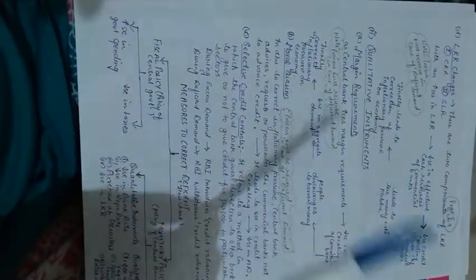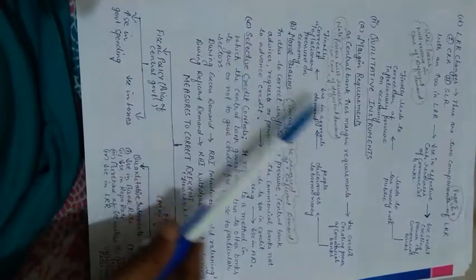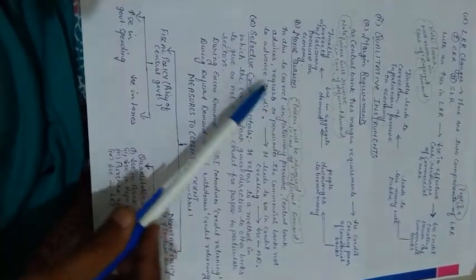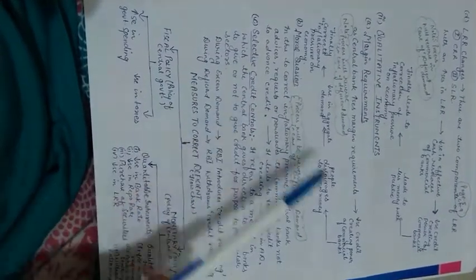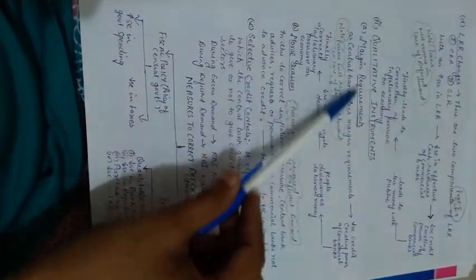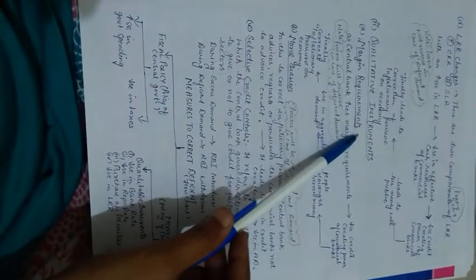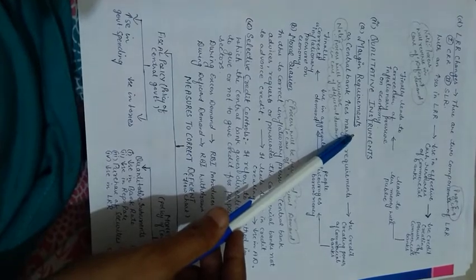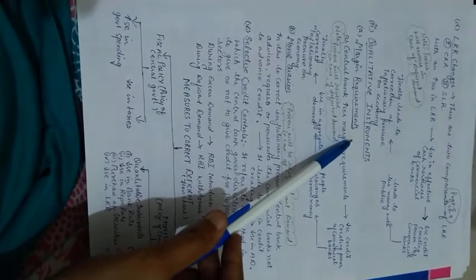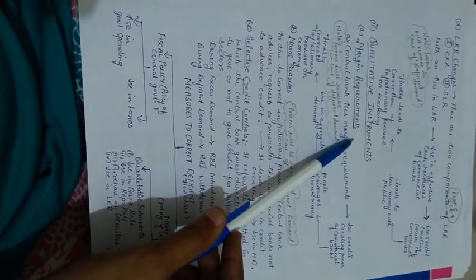Now there are qualitative instruments. In qualitative instruments, you will learn about three things: margin requirement, moral suasion, and selective credit controls. In chapter 6, I have told you about margin requirement. What is it? It is the difference between the amount of loan and the collateral security they are asking.